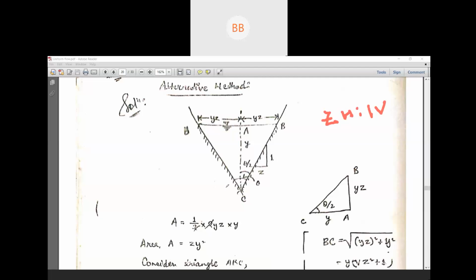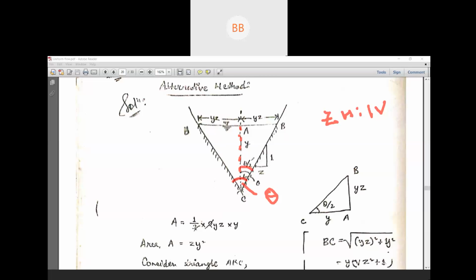The whole angle for that particular triangular section we have considered theta. This dotted line divides the whole triangular section into two parts, so it also divides the angle theta into two equal halves.